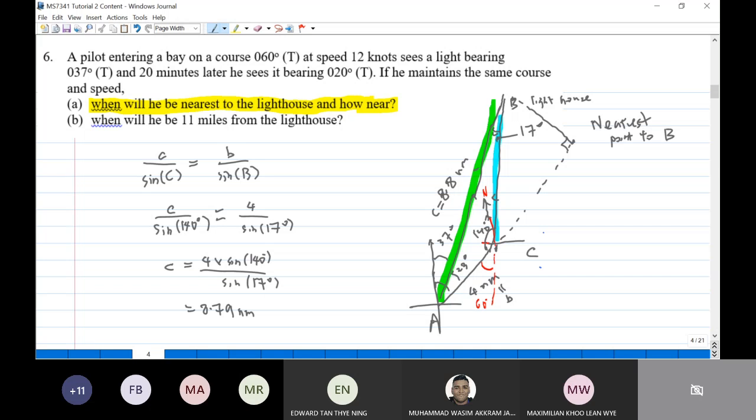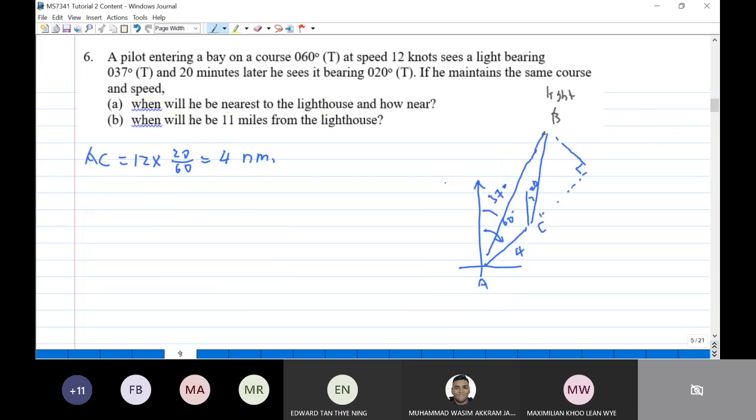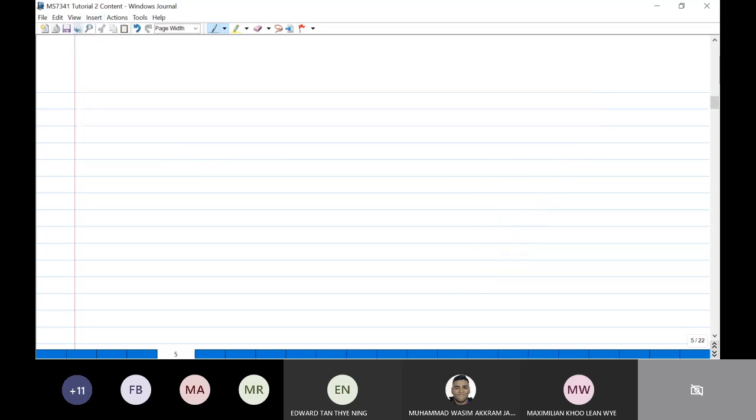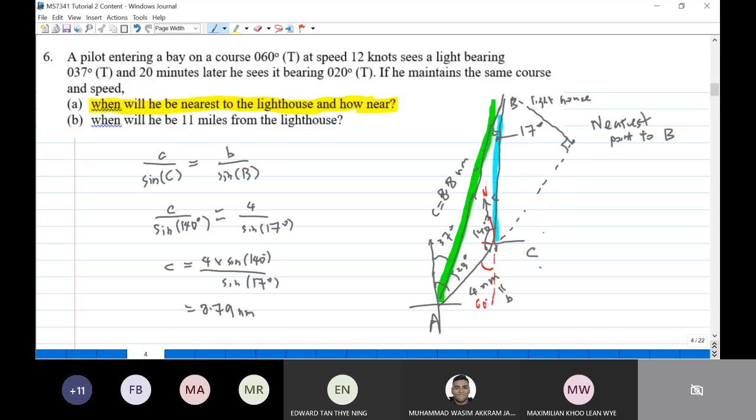So I'm going to take this picture and then cross out to you first before I find CB. So one thing at a time, because I want to answer the question, but the answer is not very direct because I had to find a few things before you can find how near the lighthouse is. Okay, so I want to copy this diagram again, then go to another slide here.